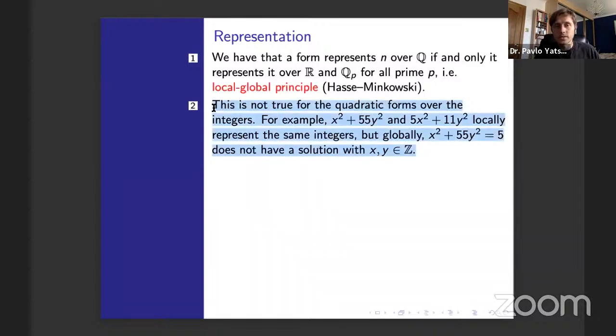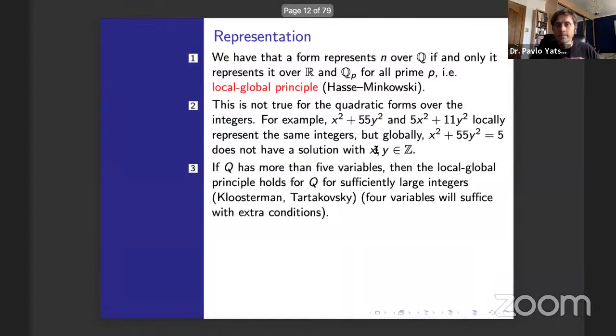So as we can already see, for integers the situation is slightly more difficult. However, if we allow our quadratic form to have sufficiently many variables, or sometimes throughout the talk I'm going to say the rank of the form.